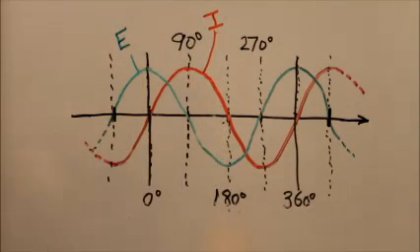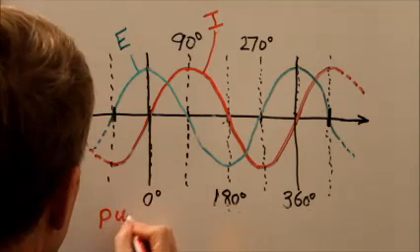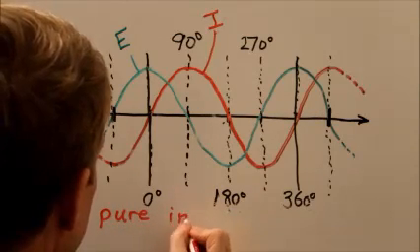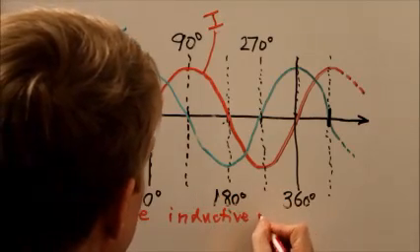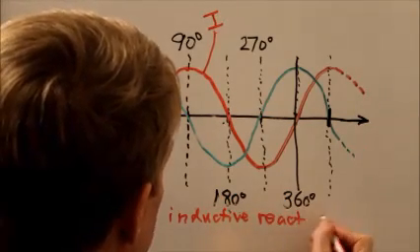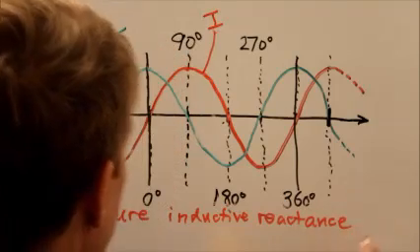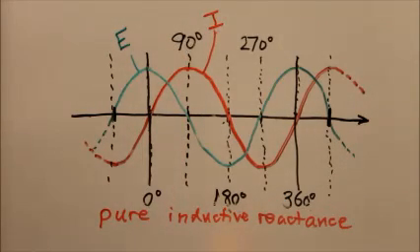If the current lags the voltage by 90 degrees, then we have what is called a pure inductive reactance. This might sound more like a course in electricity than a course in trigonometry. However, these applications in electricity are a common use of trigonometry.